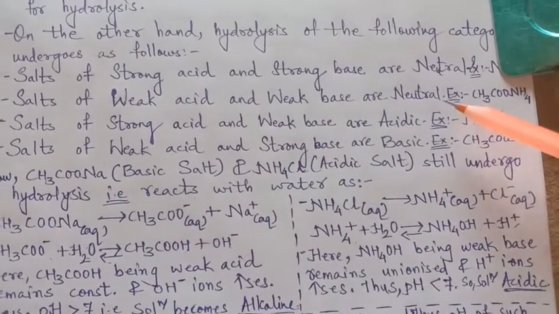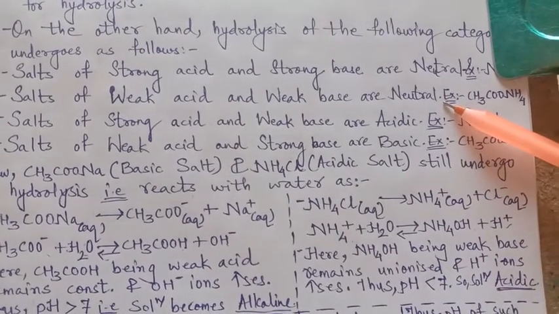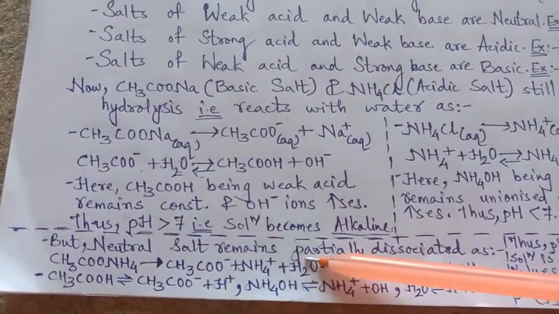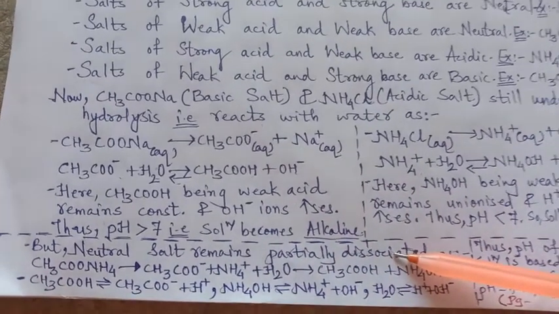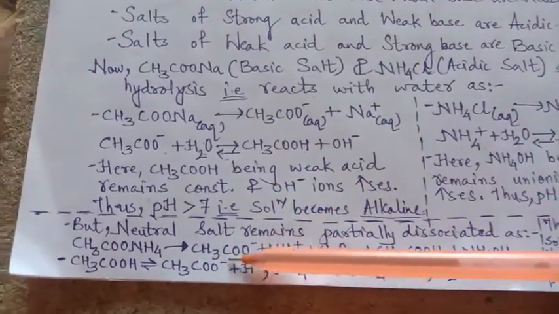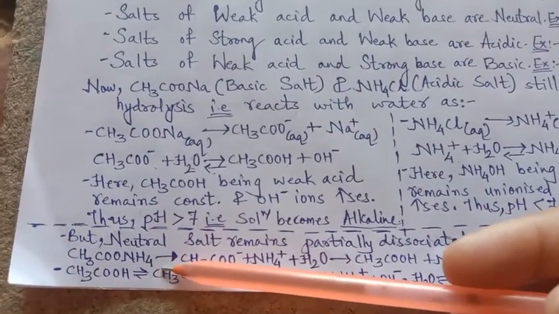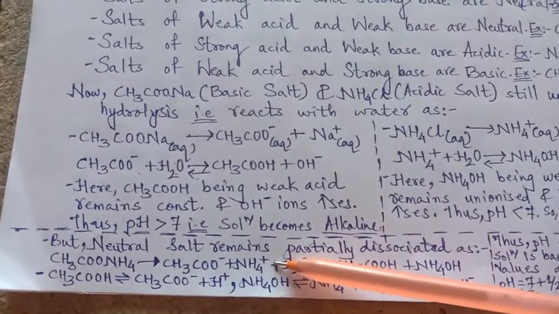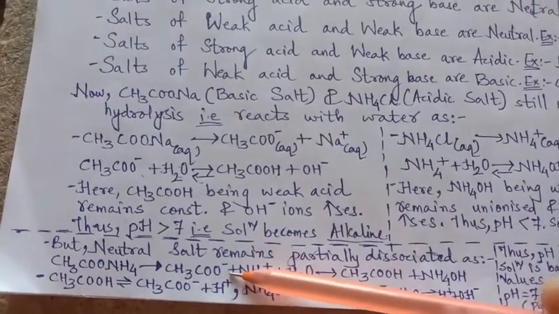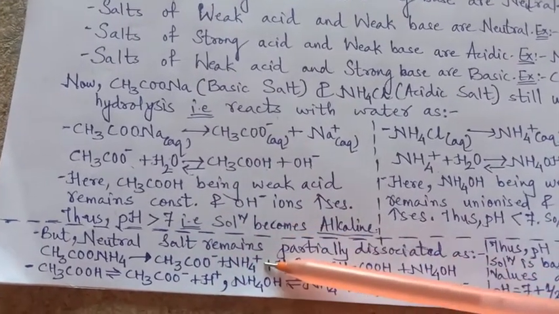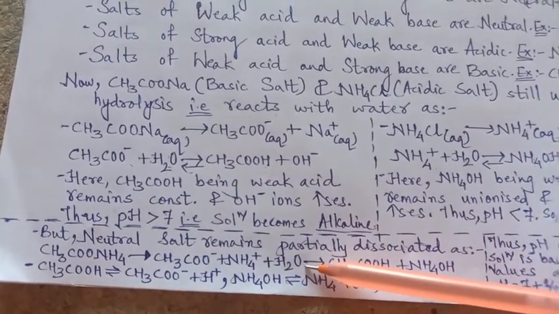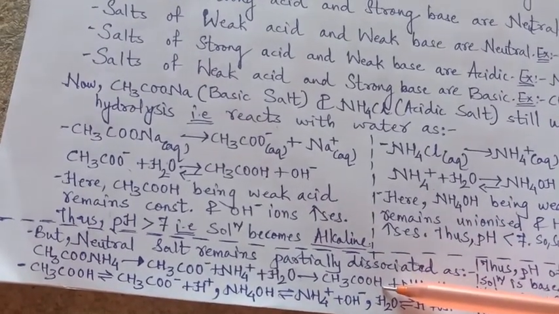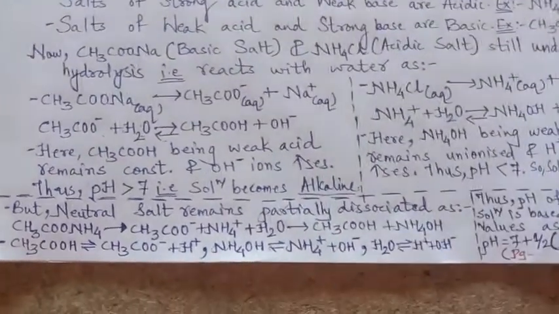But if we take an example of a neutral salt, CH3COONH4, let us consider it. The neutral salt will remain partially dissociated. How does it remain partially dissociated? Let us see. CH3COONH4 will first get ionized into negative acetate and positive ammonium ion. Now this acetate ion and ammonium ion react with the water. Then we get CH3COOH plus NH4OH.